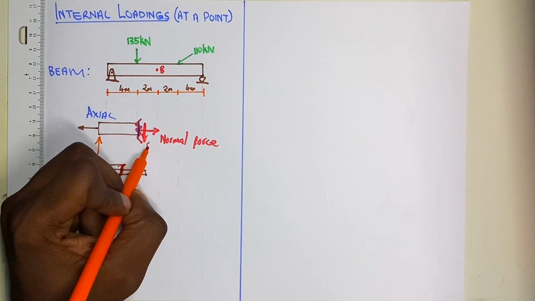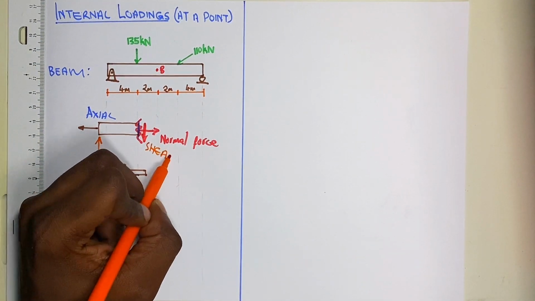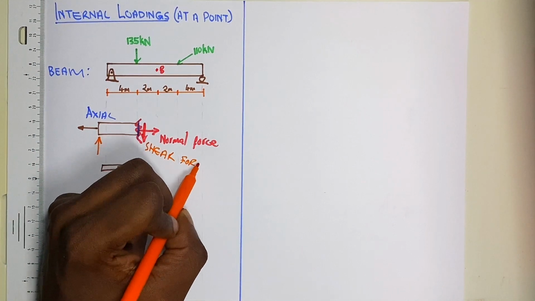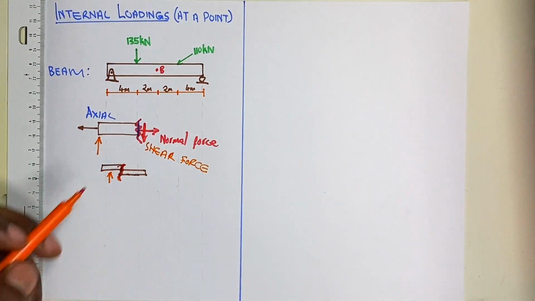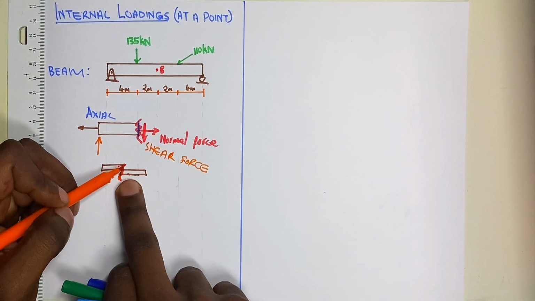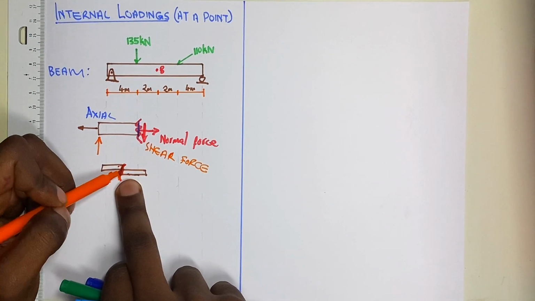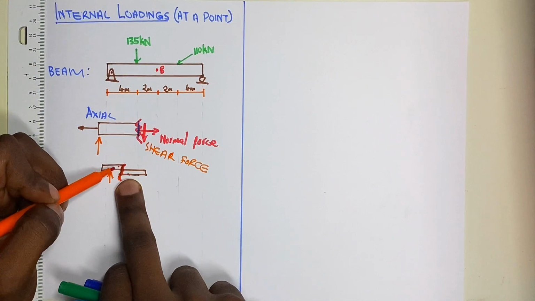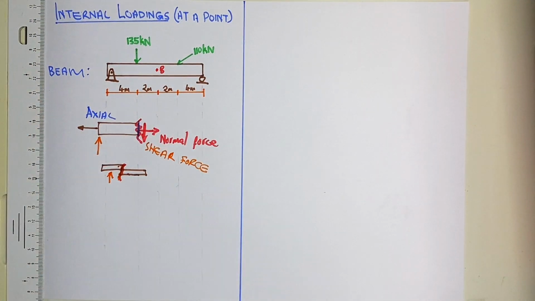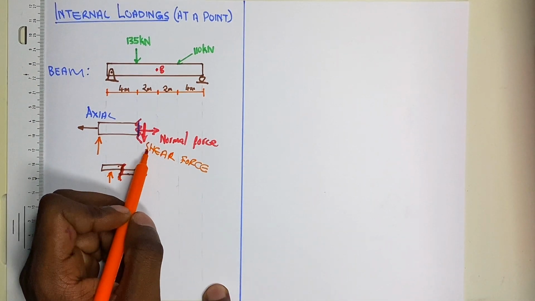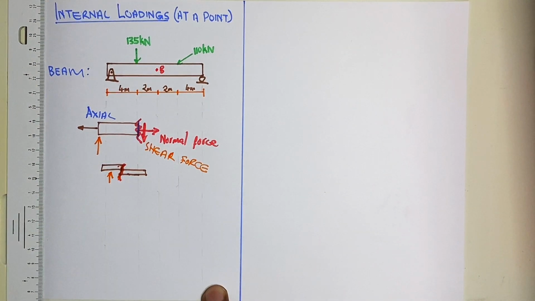Now let me write it. The shear force, because of the resistance that will be in here, all the friction that will be trying to resist the motion of this member moving horizontally. This is called the shear force.